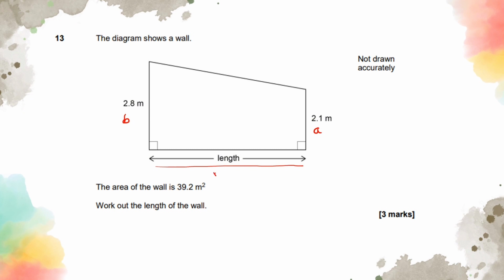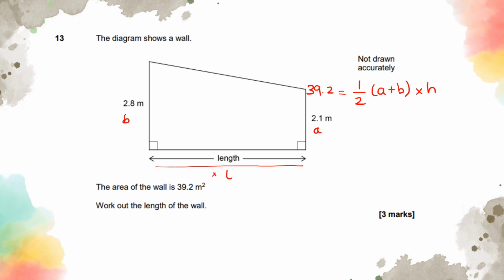We'll times it by the length. I'm going to write it as L, and we'll divide it by 2, okay? Which is half AB times the height, area of a trapezium. And the area is 39.2 in this case, so we're going to equate it to 39.2 and solve it to find out the height.